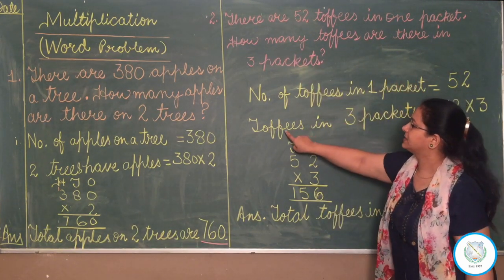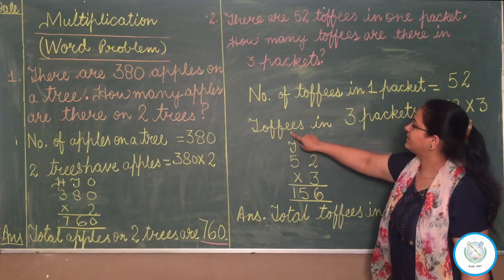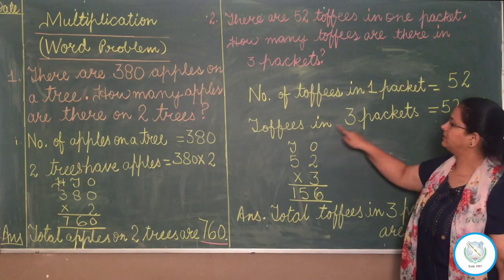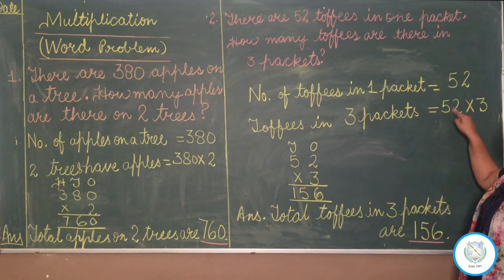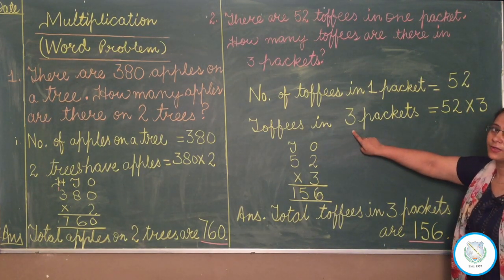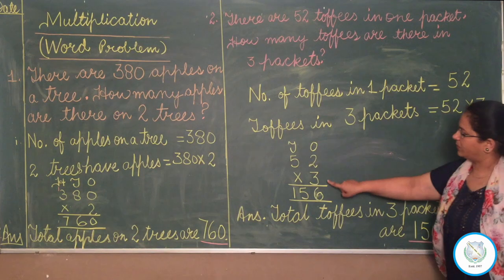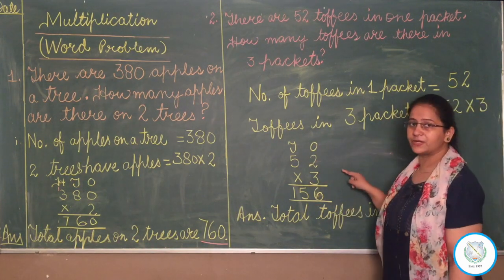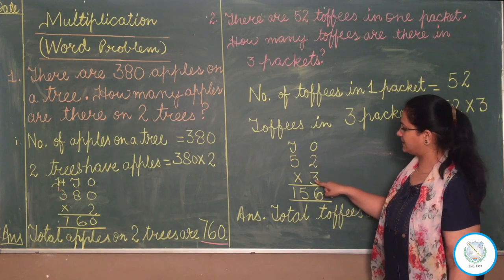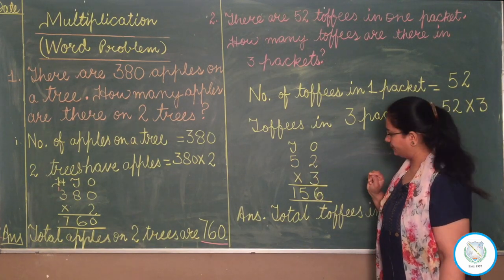So we will write the second statement, toffees in 3 packets. Now we will multiply 52 multiplied by 3 because there are 3 packets. Okay, so we will do this operation again, 52 multiplied by 3.